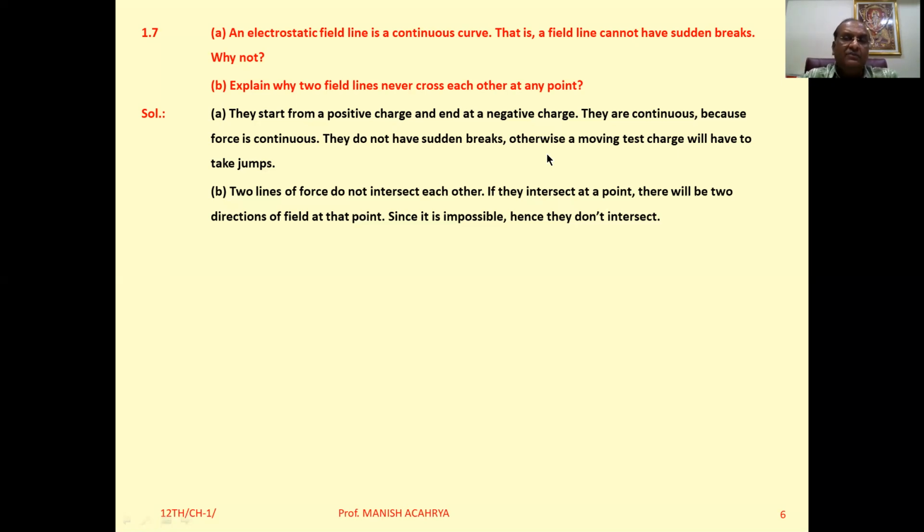It implies that at the point of intersection, two directions of electric field will be obtained, which is never possible because any vector has only one direction at any point. Clear? So if at that point of intersection two directions of electric field are there, it means if any charge is placed there, it will experience a force in two directions, which is never possible. So two field lines never intersect each other. Clear?